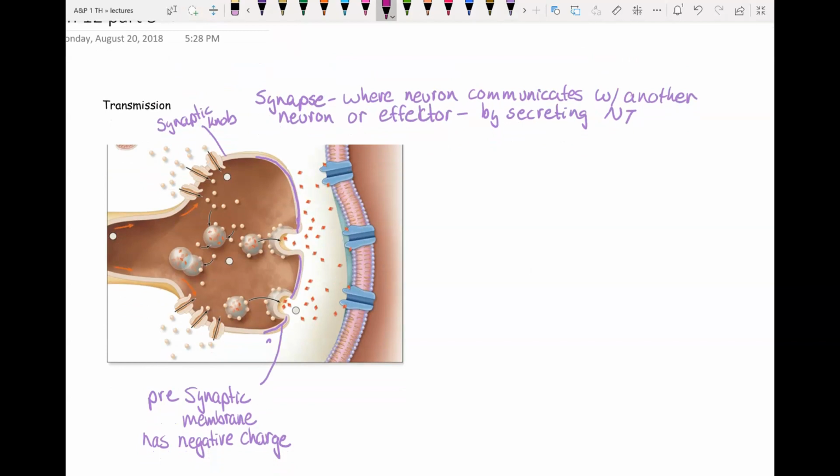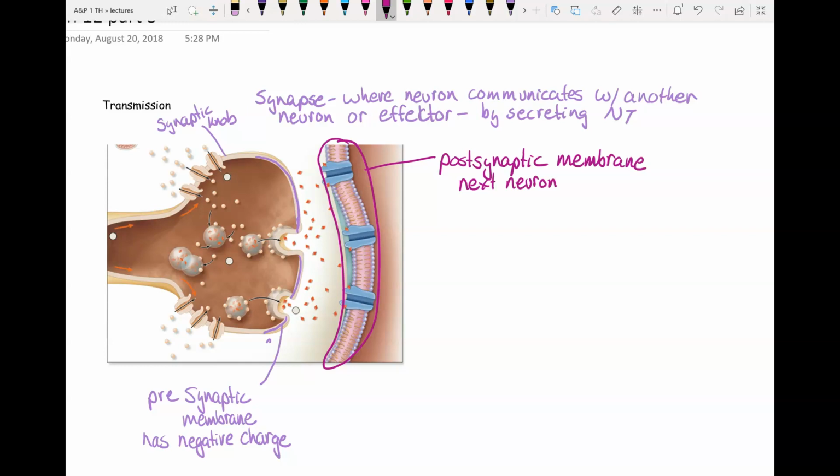Then over here, we have our postsynaptic membrane. This is the membrane of either the next neuron's receptive segment or your effector.